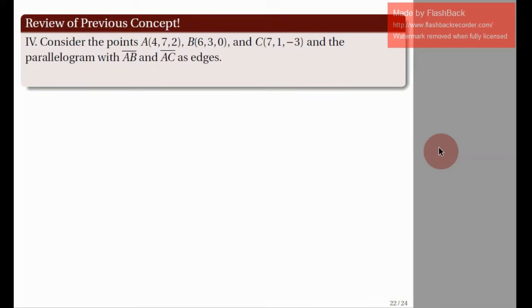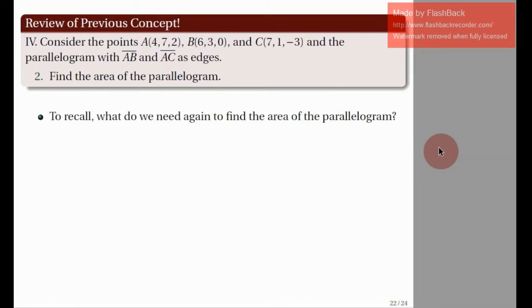And for the second and last item for this fourth exercise, we are to now find the area of the complete parallelogram. This is already something that we've encountered earlier, so this is just a review. Just to recall, what do we need to find the area of the parallelogram? Well, what we need are two vectors forming adjacent sides of our parallelogram.